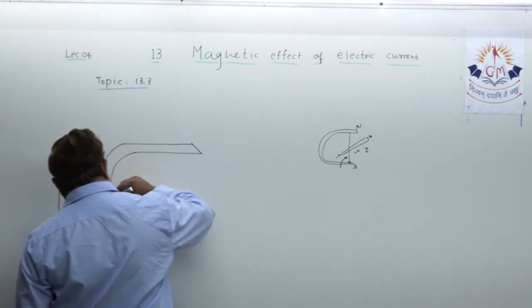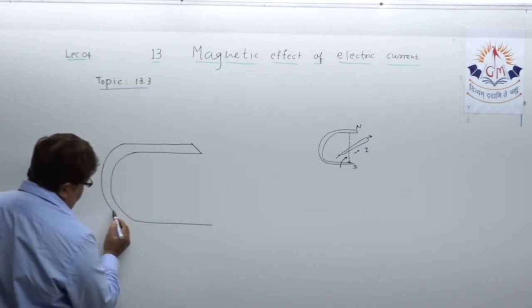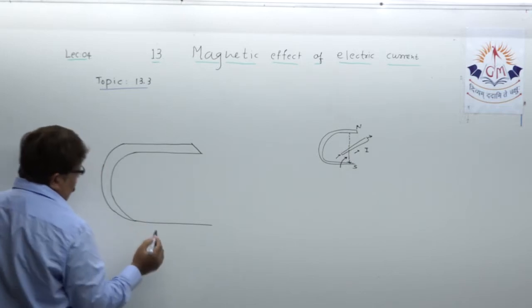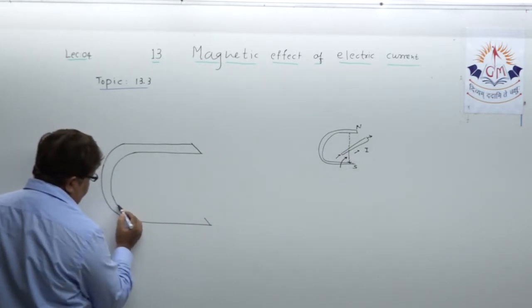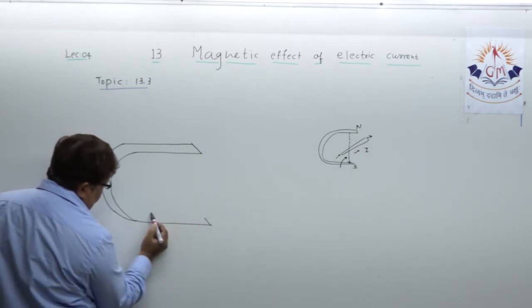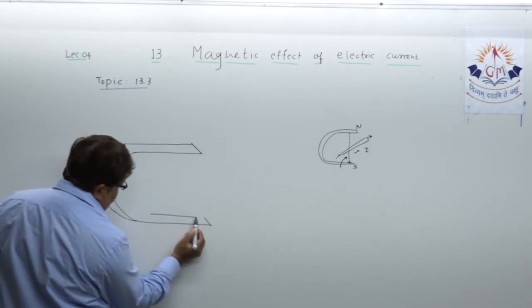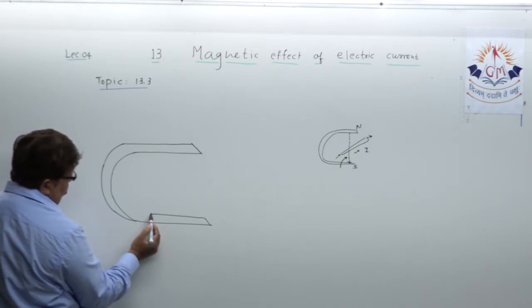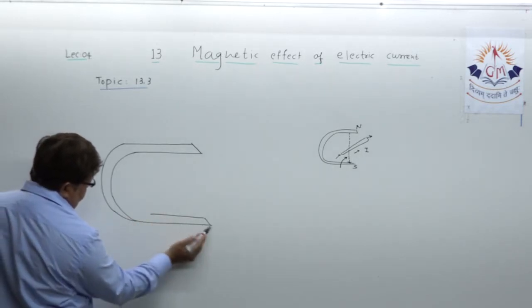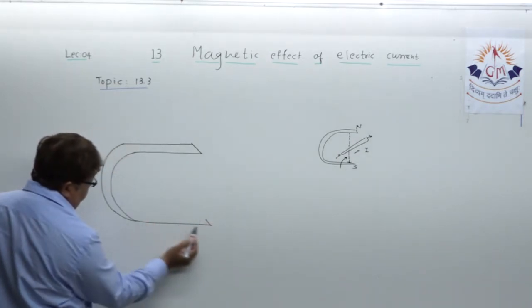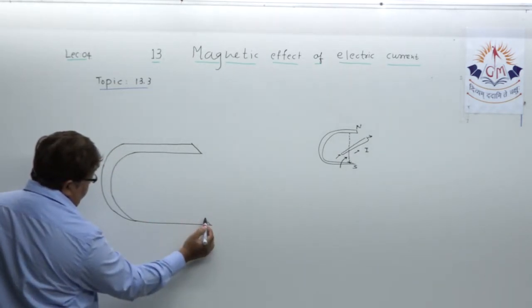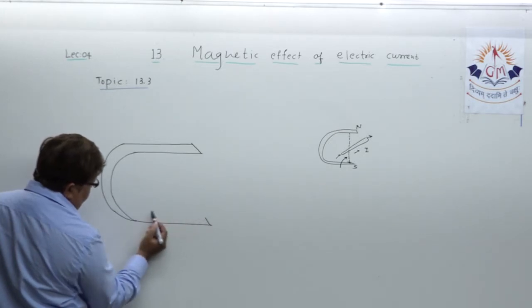Inside the horseshoe magnet we are going to place a conductor. Suppose this is the horseshoe magnet.